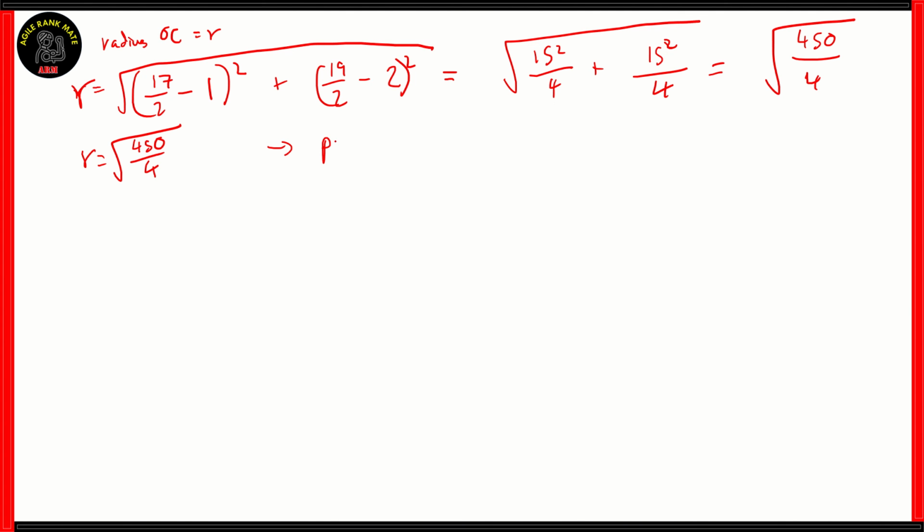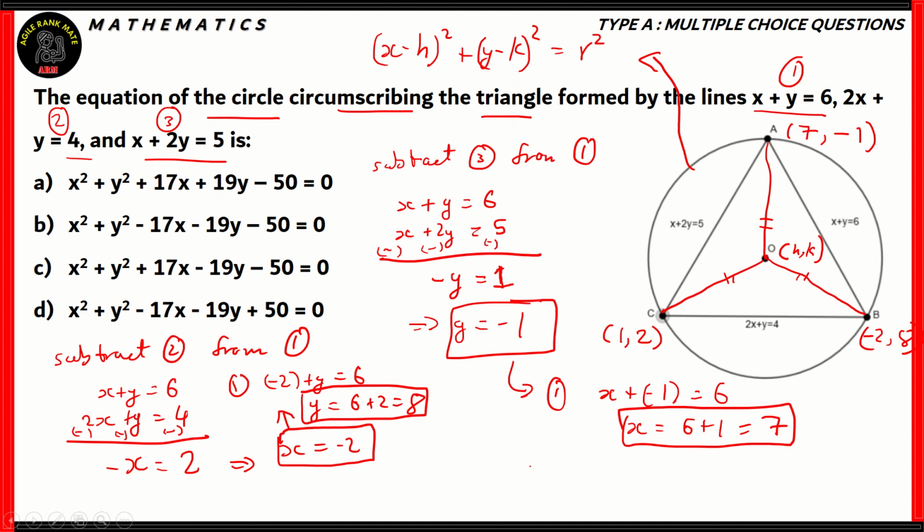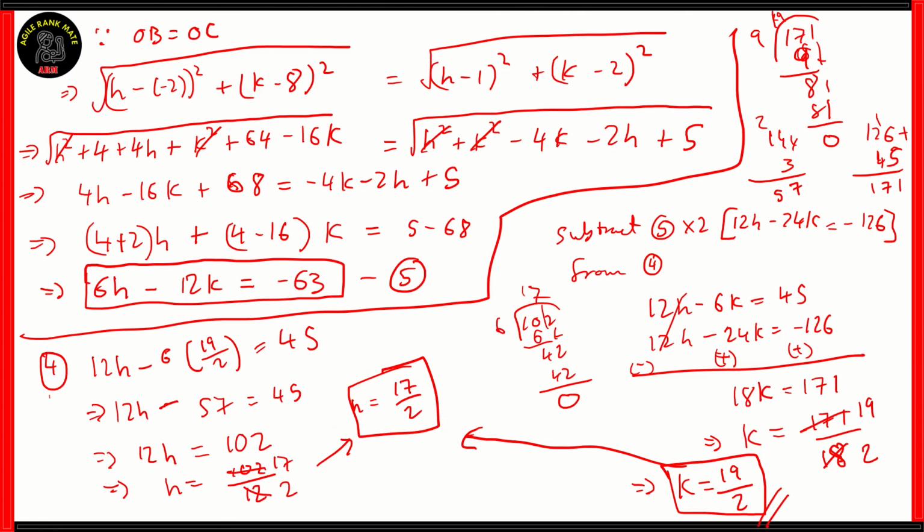Now from here on out, we're going to put the values of h, k, and r in the general equation of the circle. If you remember, the general equation of the circle was x minus h the whole squared plus y minus k the whole squared equals r squared. When you apply our values for h, k, and r, we're going to get one of these 4 equations.